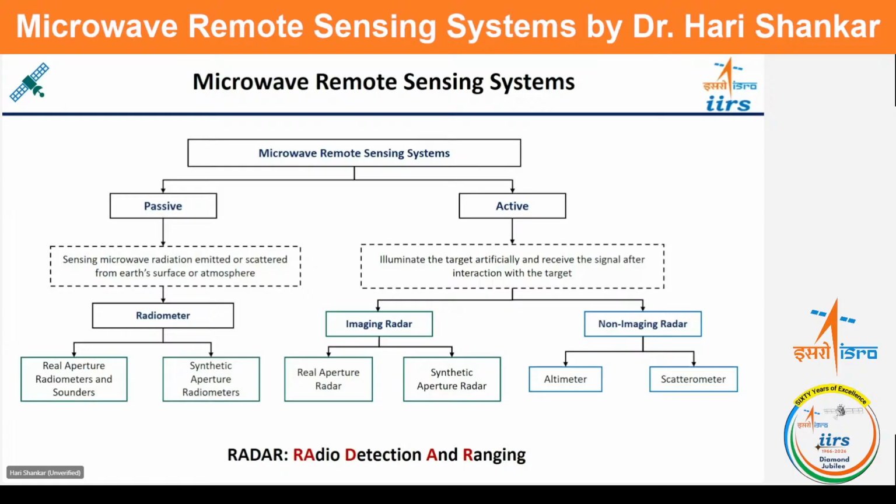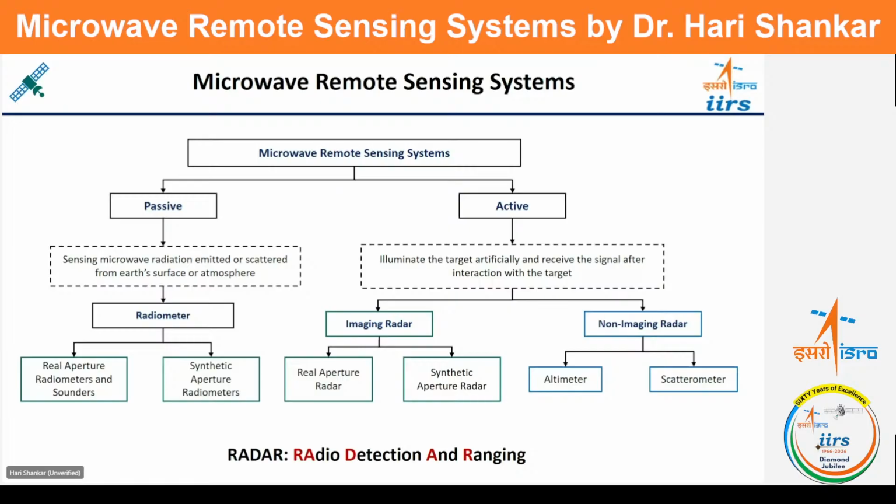You might be aware of SMAP, the Soil Moisture Active Passive mission. I think in 2015 NASA launched the SMAP mission, and the specific science objective was to monitor global soil moisture using active as well as passive devices.